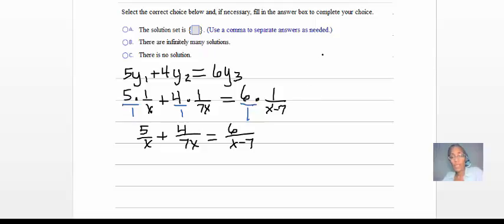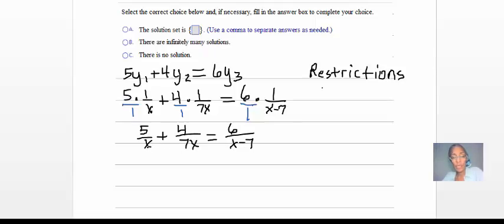And one of the things in a rational equation I have to think about is restrictions. And those are the values of x that can't be accepted as solutions because they make at least one denominator in the original equation 0.